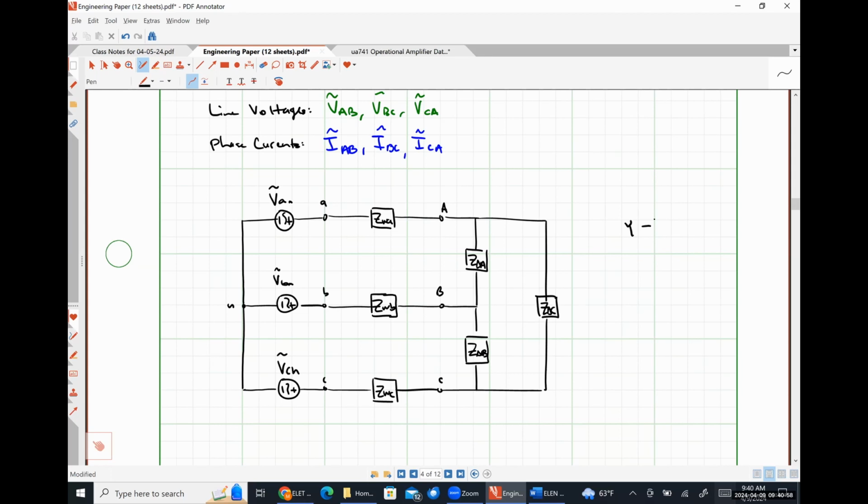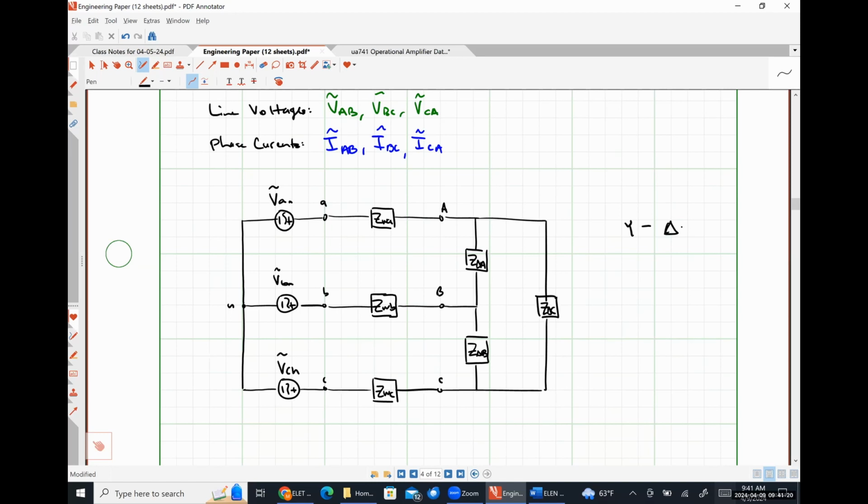It is a delta, because we're seeing the impedances are between the transmission line terminals without reference to a neutral. So it's delta. So this is an example of a Y delta system. Okay? So the first thing is how the source is connected. The second thing is how the load is connected. So this is a Y delta system.